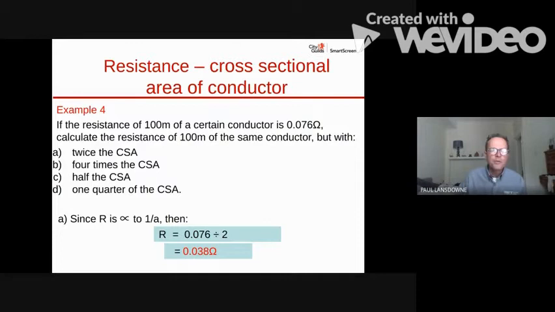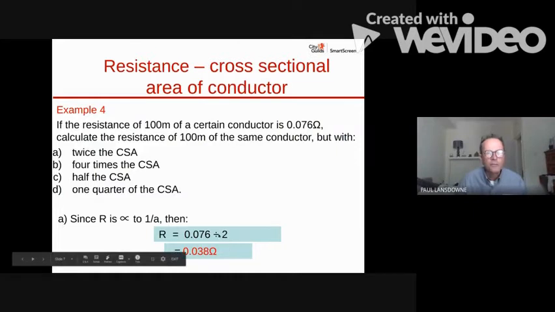Straight away in A, because we know it's inversely proportional, if we've made the cable twice as big, we halve the resistance. It's as simple as that.